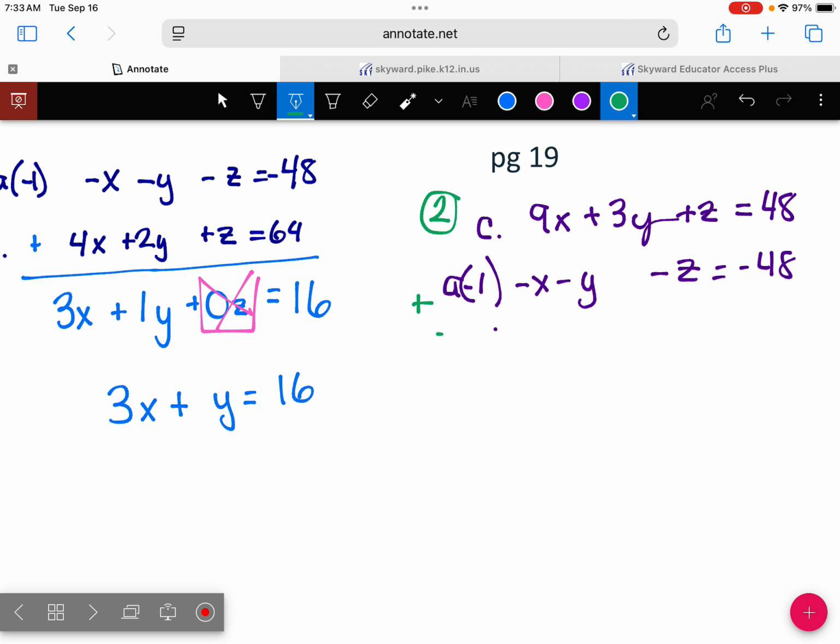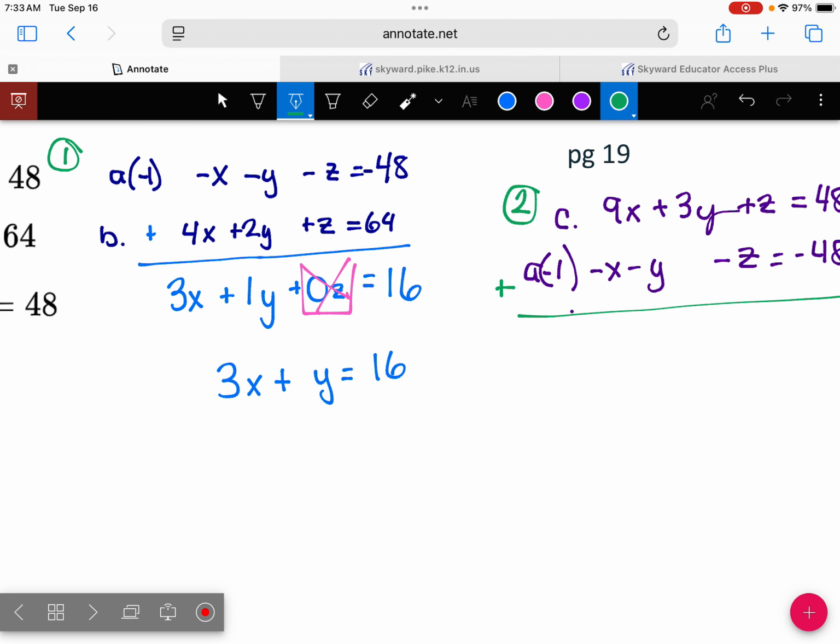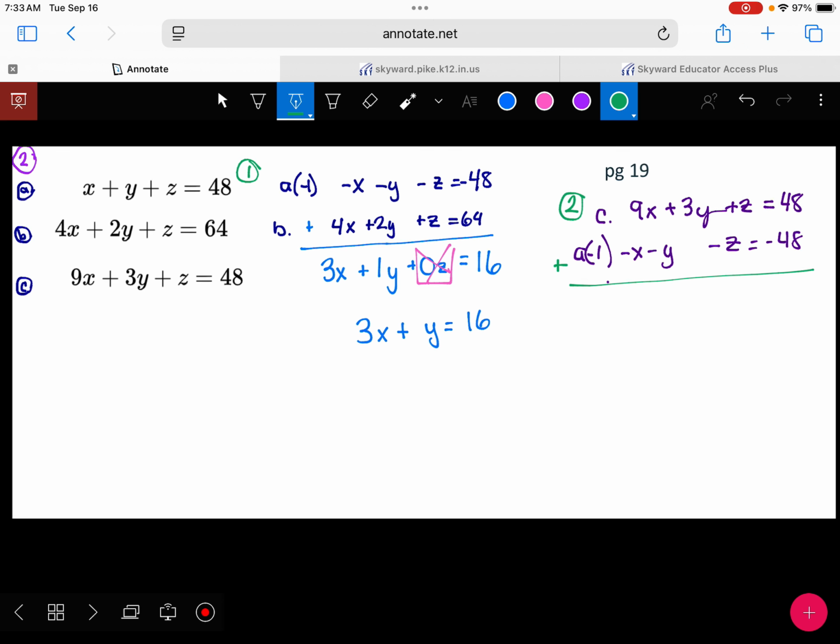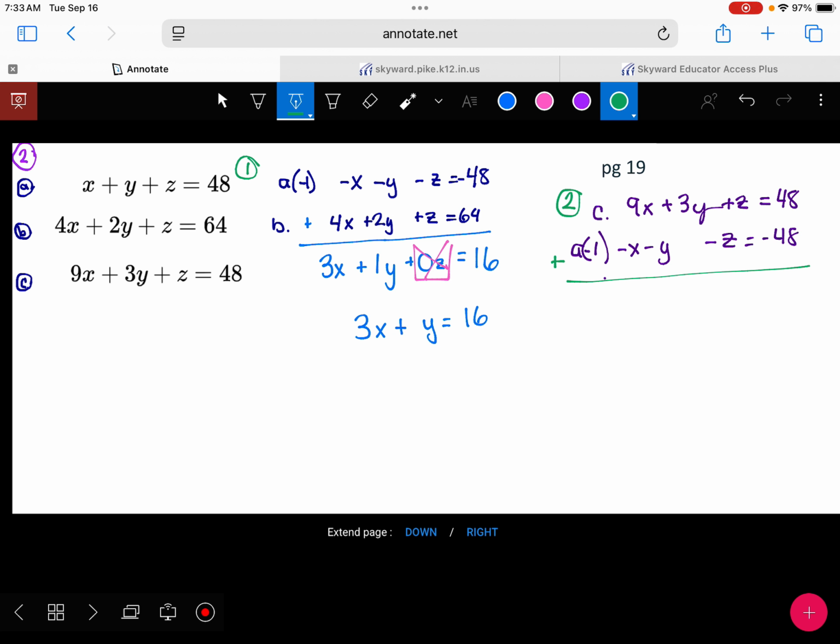So add those together. See what we get when we add those together. I'm just going to zoom it out so you can see what we're talking about here. There we go.